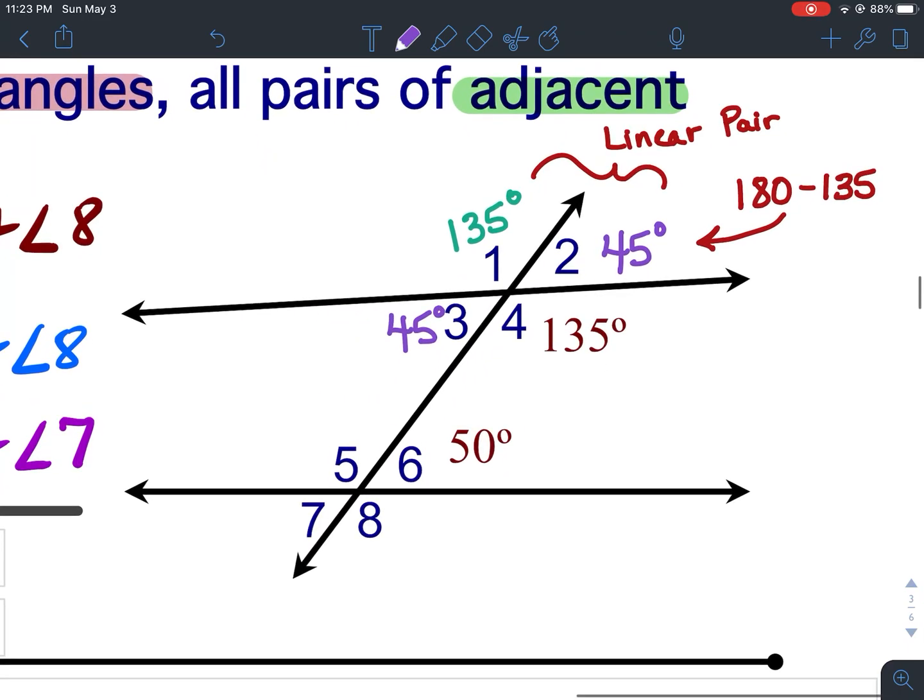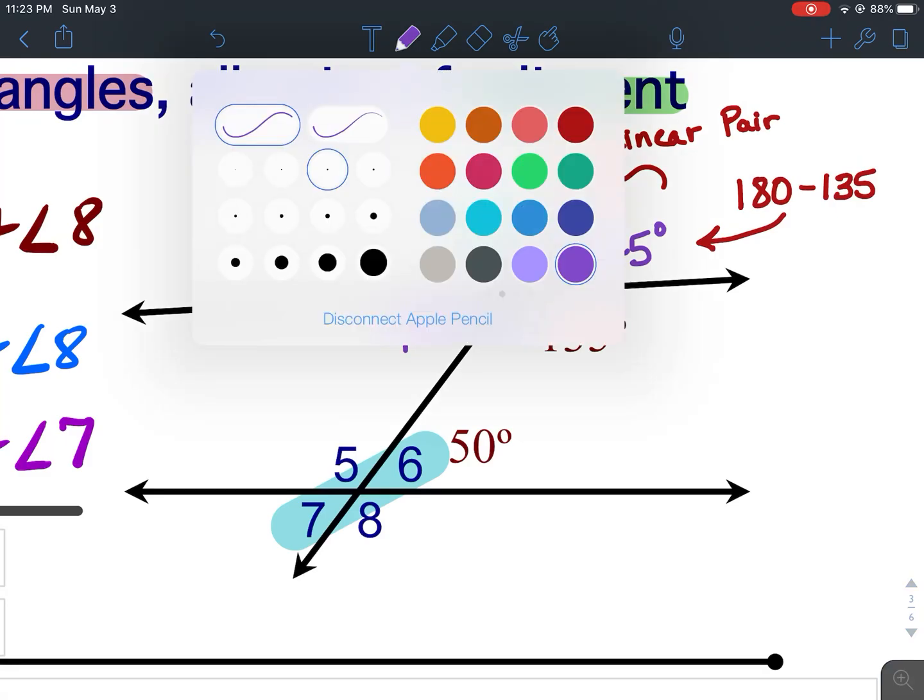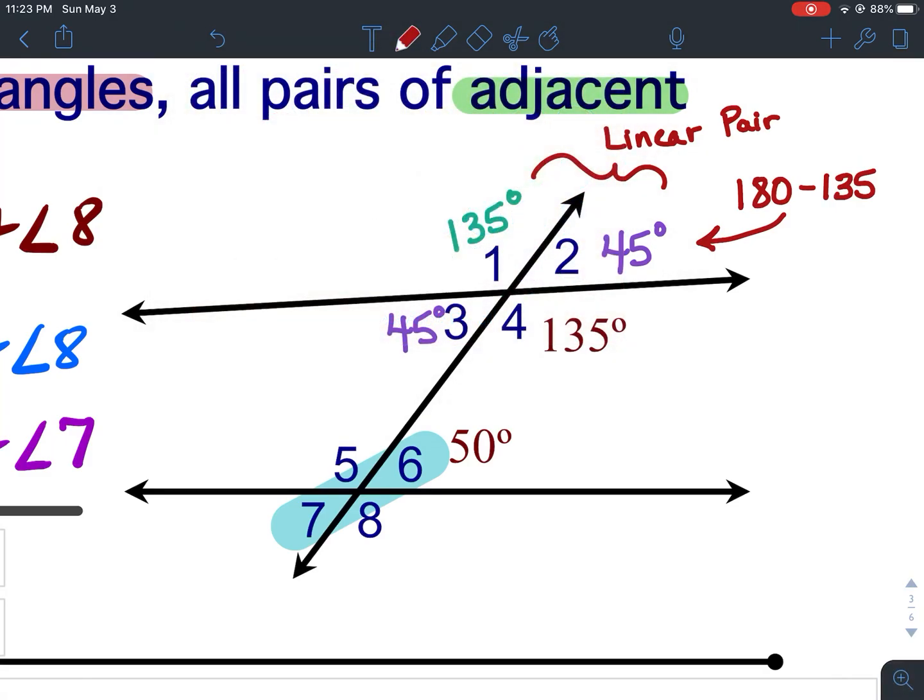Okay, the bottom. Angles 6 and 7 are across from one another. They are vertical angles. Vertical angles are congruent. So, if angle 6 is 50 degrees, then angle 7 is 50 degrees. These angles here are a linear pair.